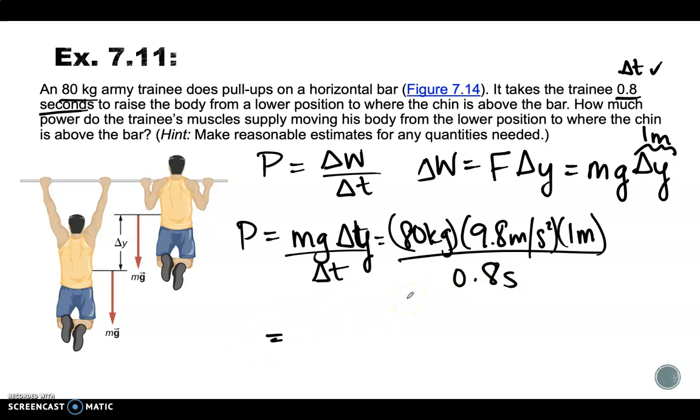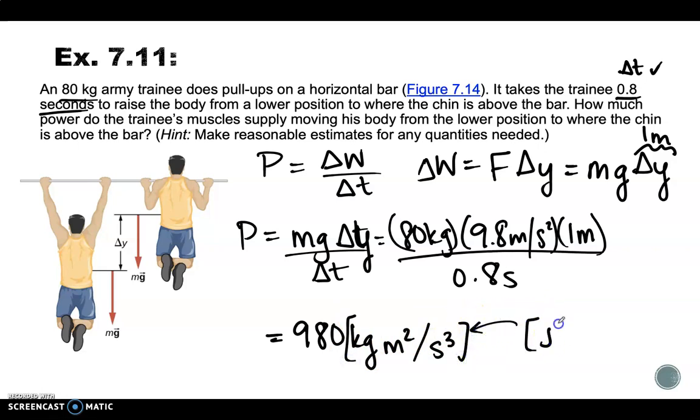So we can put that into our calculator, 80 times 9.8 divided by 0.8, and we get about 980. And again, this is kilograms times meters squared over seconds cubed, or joules per second, or watts. So that is the power of this army trainee.